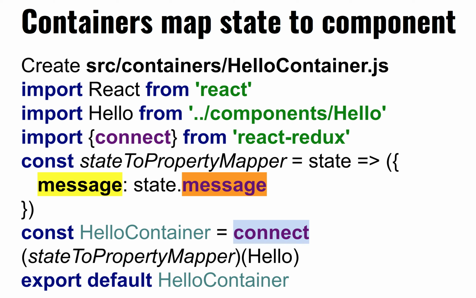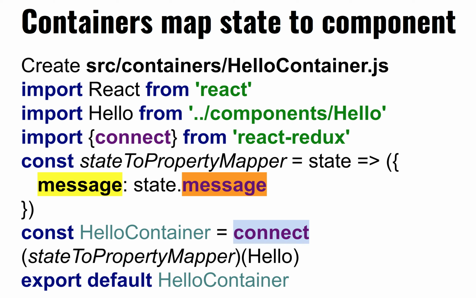A function is going to do the mapping that says, look at all this state that the reducer is generating. That state might be very complex, with all sorts of nested elements, objects within objects, arrays, and whatnot. We might want to massage all that state into something a little more flat, or maybe aggregate a couple of things before we send it over to our lowly hello.